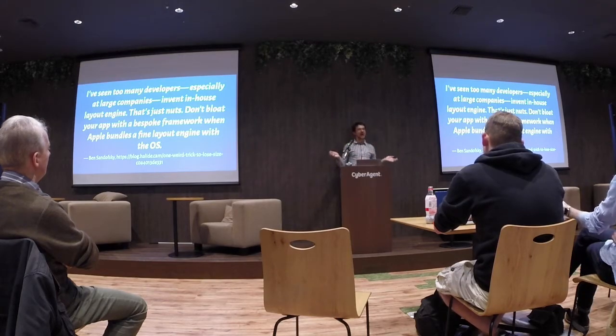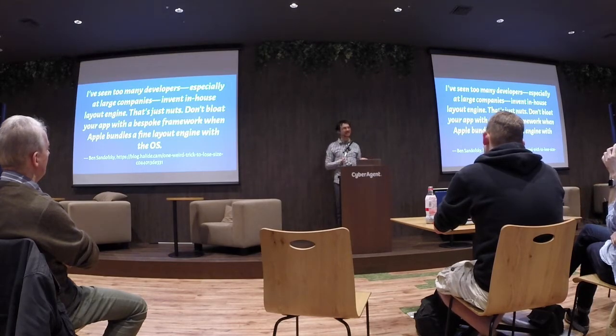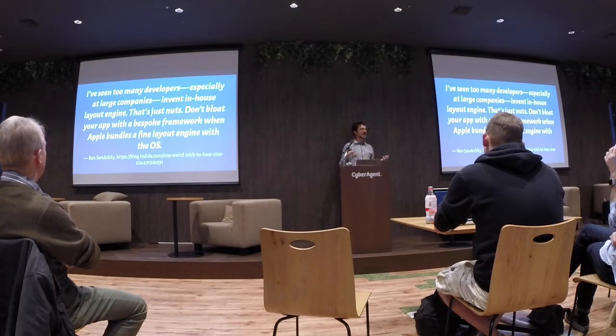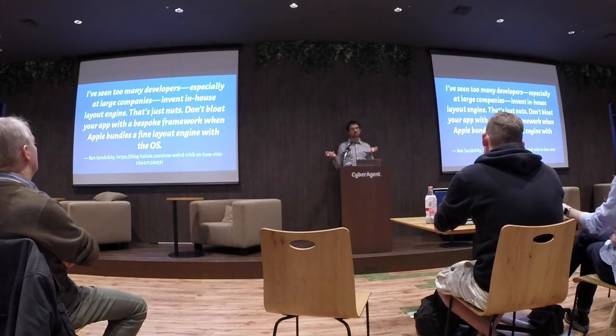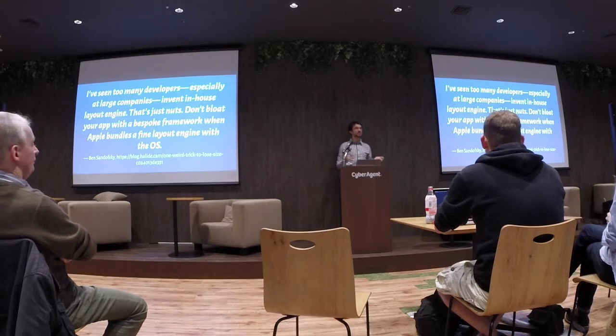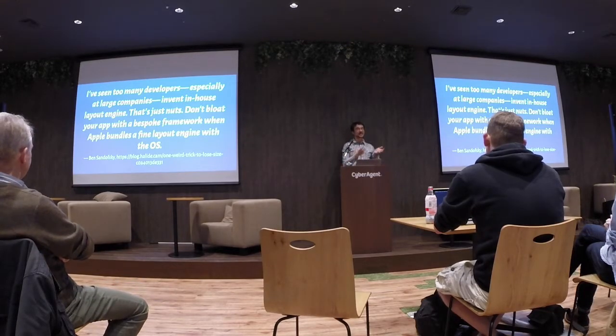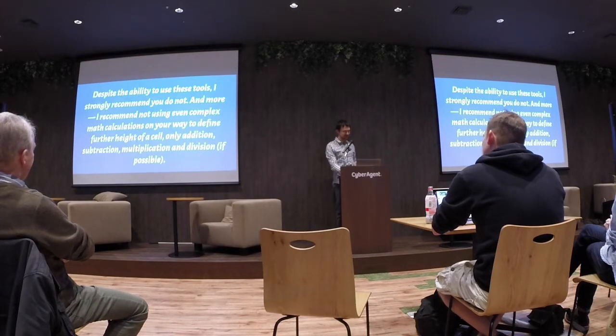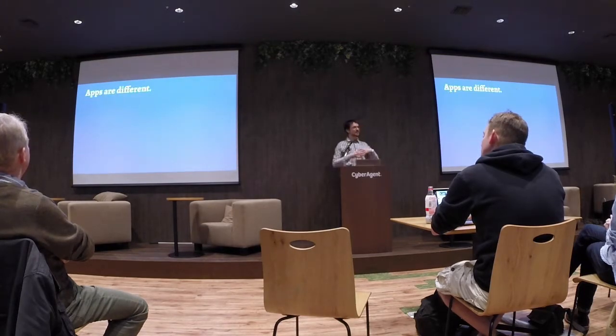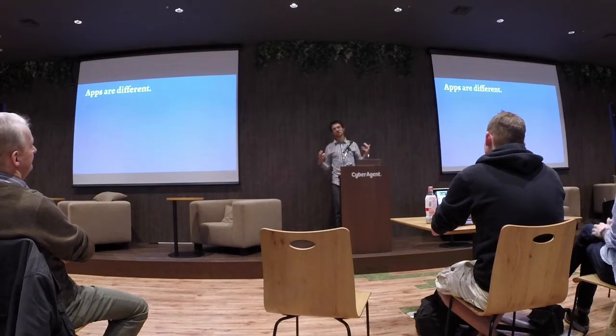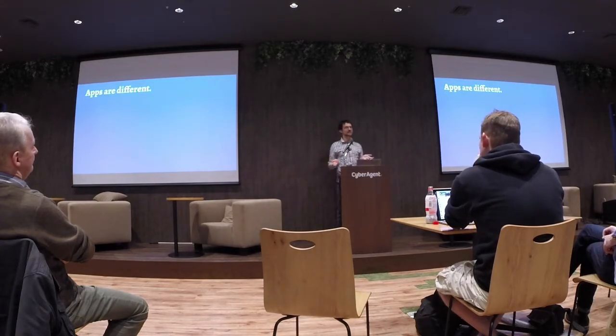So the types of apps that people are developing are also very different and may have different types of constraints governing them. They may have different goals or different objectives that they're trying to optimize for. As a consequence, they may come to very different conclusions about layout and what is good or bad about layout.